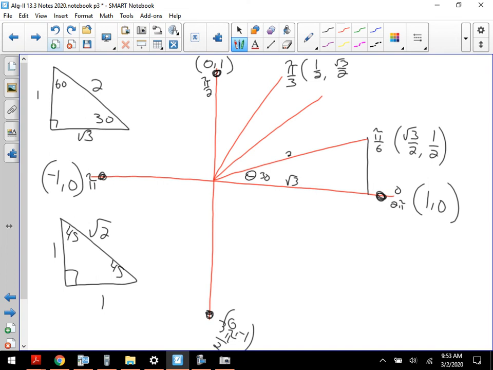Because it's opposite over hypotenuse and adjacent over hypotenuse. If the opposite and adjacent are the same, that means their ordered pairs are going to be the same. So what's cosine? Root 2 over 2. So at pi over 4, it's root 2 over 2 and root 2 over 2. Now I haven't done tangent yet, but we will. Another trig function, that's just y over x.